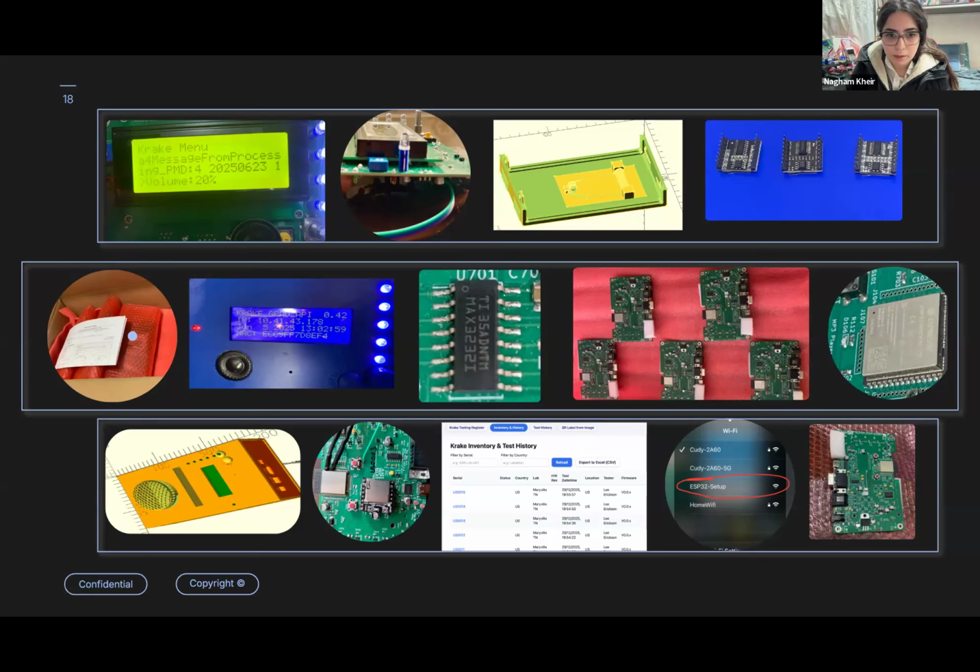We're also going to go over the third picture from the left in the upper line. That's also an enclosure design, done by Yahya. We've got a picture of the Wi-Fi manager that allows us to easily connect Krake to Wi-Fi.